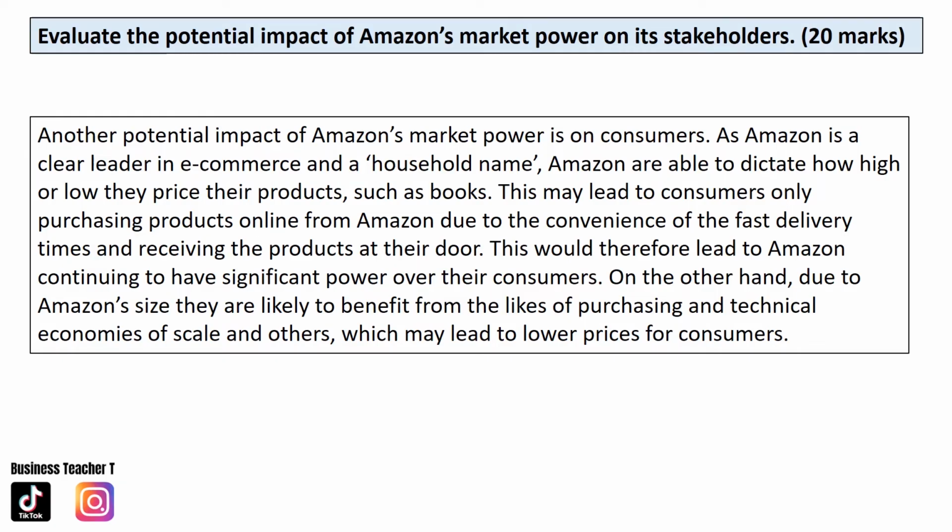This would therefore lead to Amazon continuing to have significant power over their consumers. On the other hand, due to Amazon's size, they are likely to benefit from the likes of purchasing and technical economies of scale, and others, which may lead to lower prices for consumers.